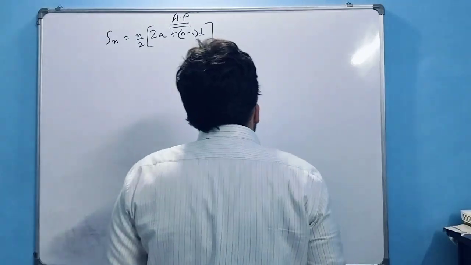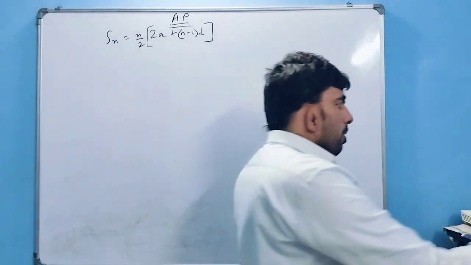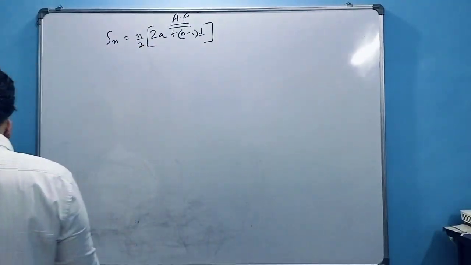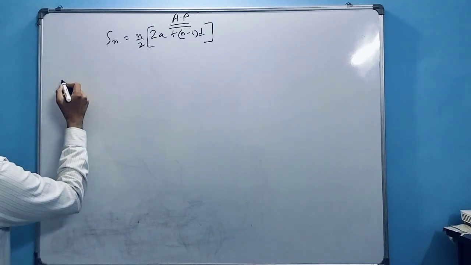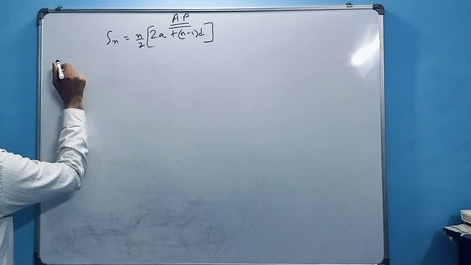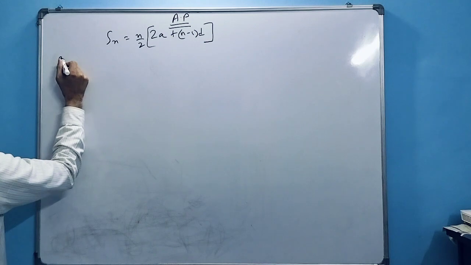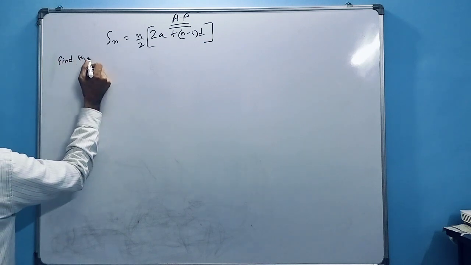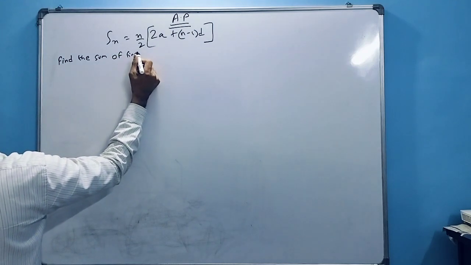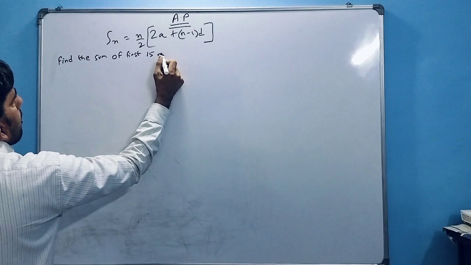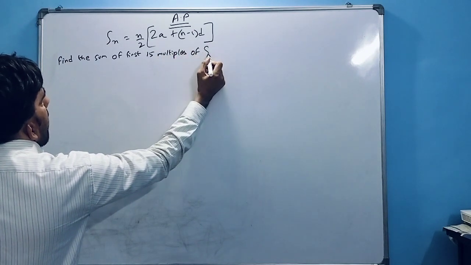Now the third question they have given in this, what we need to find is the sum of first 15 multiples of 8. First 15 multiples of 8.